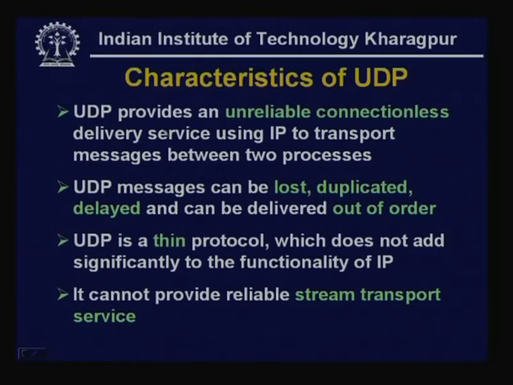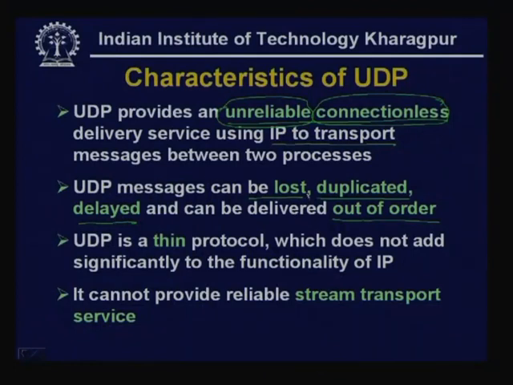Let us now focus on the characteristics of UDP. We have seen that UDP provides an unreliable connectionless delivery service using IP to transport messages between 2 processes. Because it is unreliable and connectionless, the outcome is that messages can be lost, duplicated, delayed, and delivered out of order.